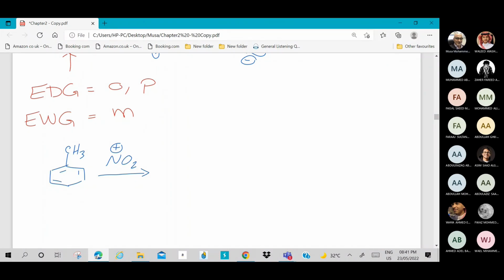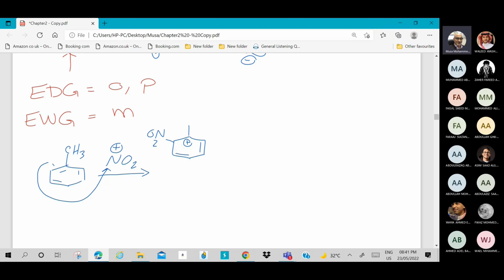And if we have the chance to go for ortho or meta or para, let's just put the ortho, meta, para. Now, if we say ortho, this means this double bond is the one that will attack, and that will give you the ortho. This is CH3, and this is double bond, and now we have the nitro here and the positive charge here, and this is the double bond.